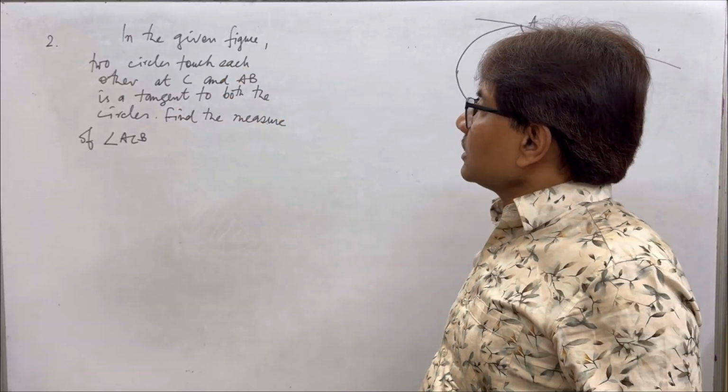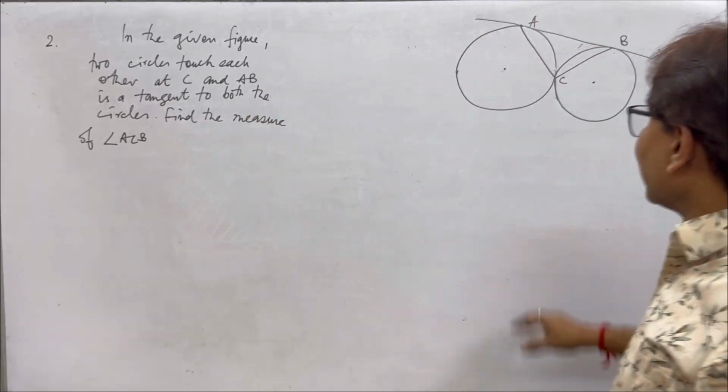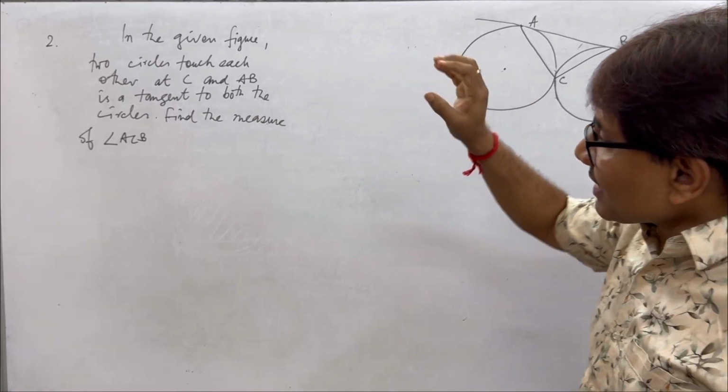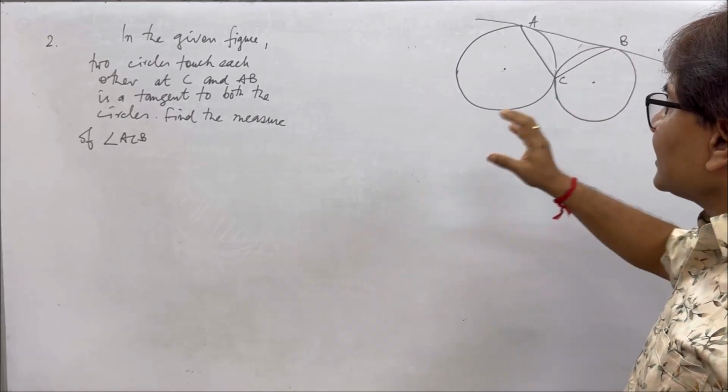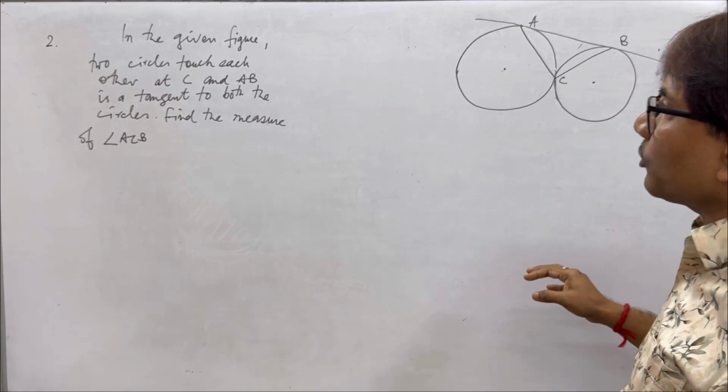Let's see this question. In the given figure, two circles touch each other. I have drawn the circle here for the convenience of solving the sum. Whatever the question is, if a diagram is there, you need to draw the diagram, otherwise you will face problems.